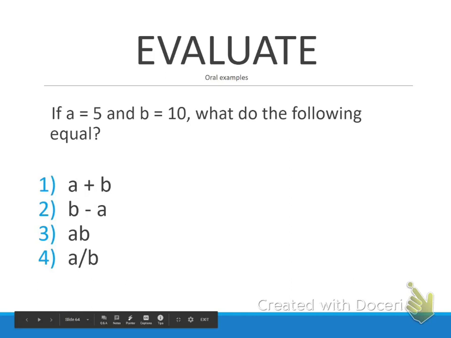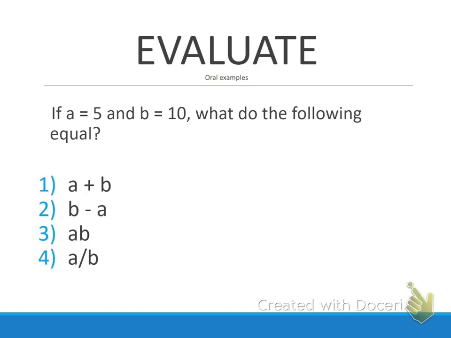So this is the first thing. It's inside of your notes. If you'll go with me, it says, if A equals 5 and B equals 10, what do the following equal? So let's do these really quickly together. The first step is to substitute the numbers in where the letters are. Now I know some of you don't want to write this out, but I'm going to require you to for now.